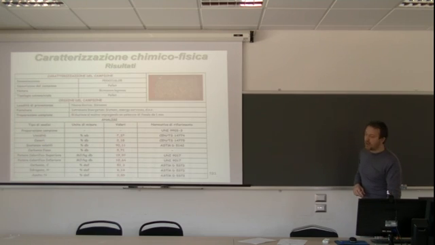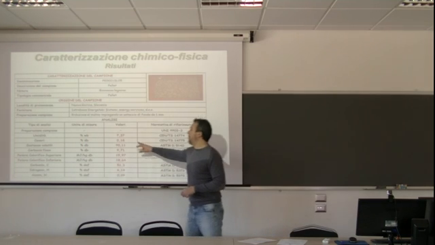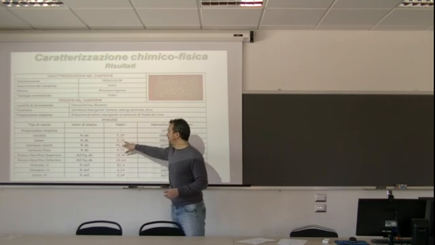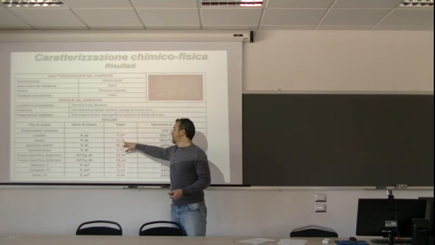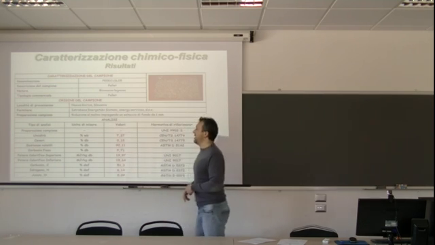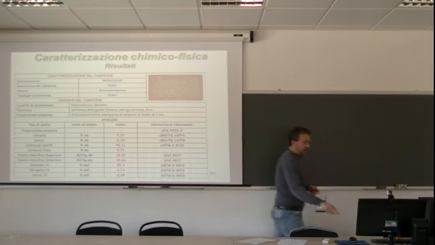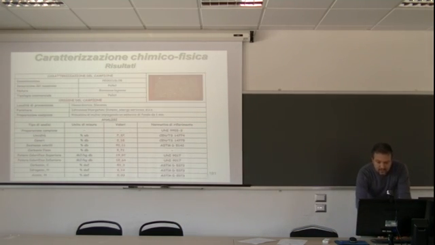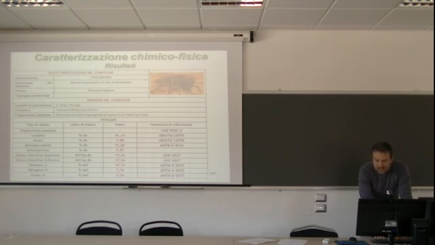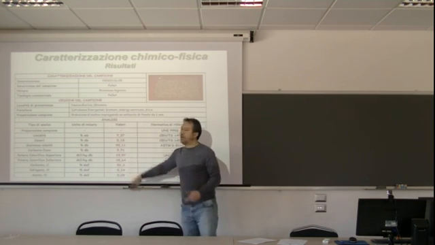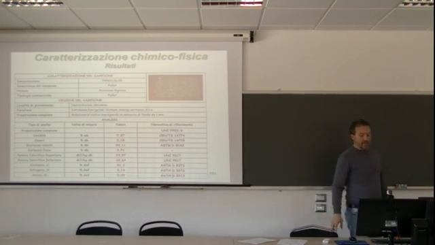For pellet, you can see a moisture very, very low, 7%, and a very low content of ashes, 0.2%, and this means a higher heating value, from 19 to almost 20, and of course a higher content of carbon, from 47 to 51%.